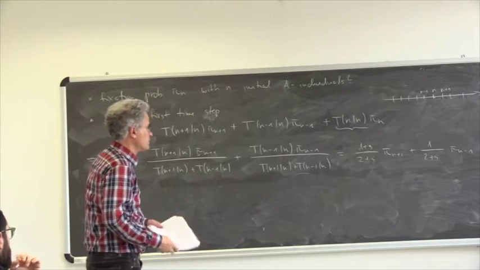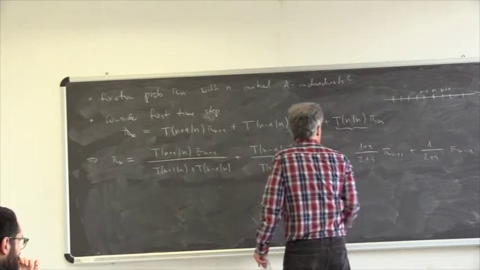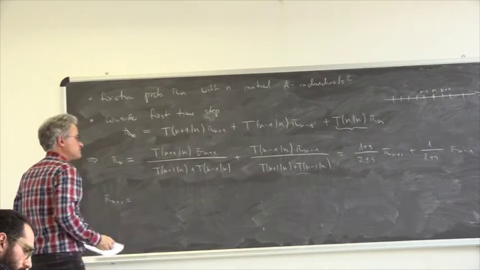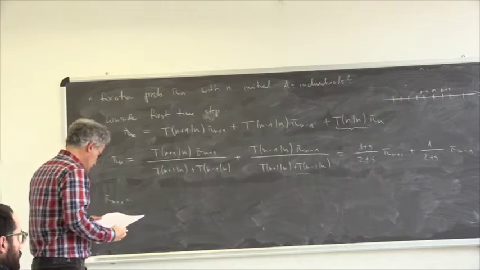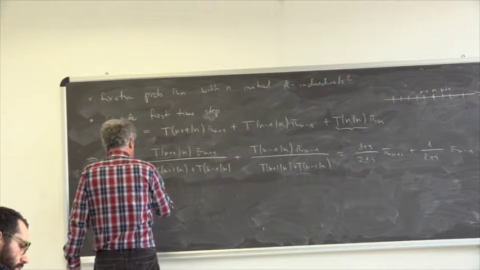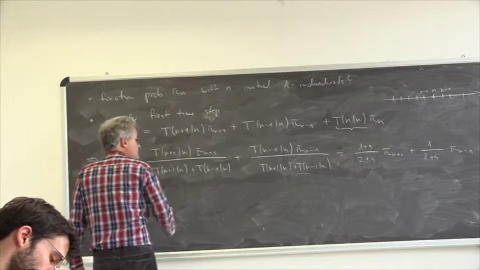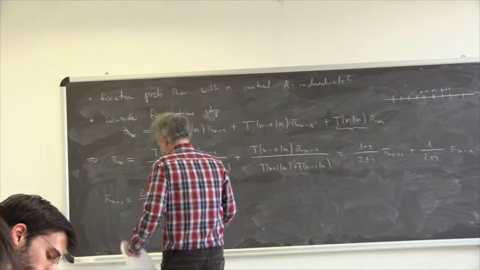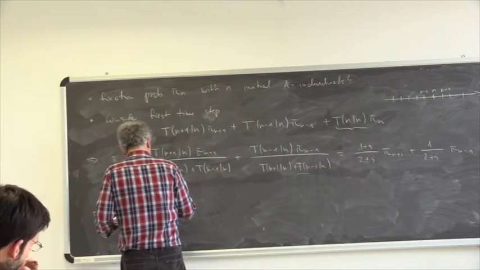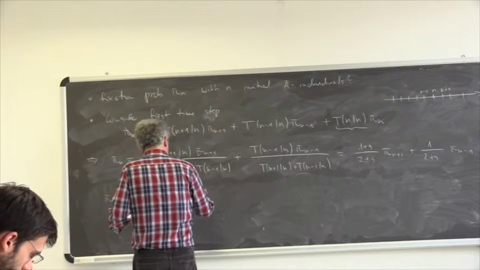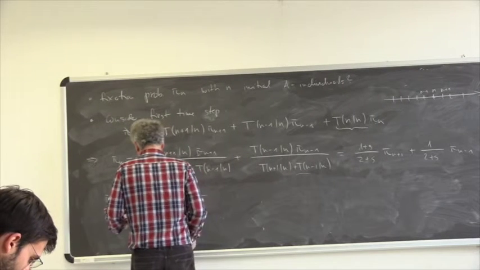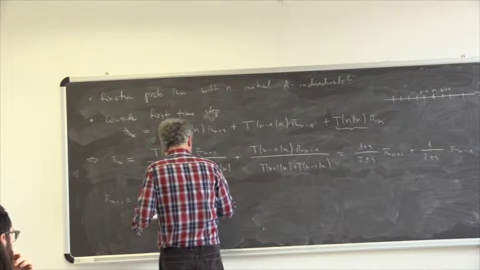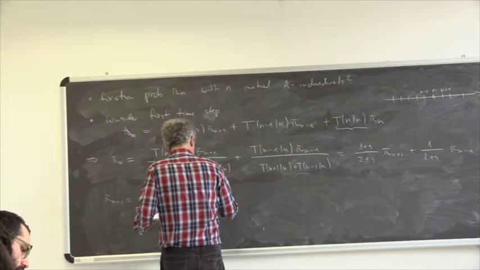And now we can, for example, solve for pi n plus 1. And this gives us 2 plus s over 1 plus s times pi n, let's put this on the other side, minus 1 over 1 plus s times pi n minus 1.